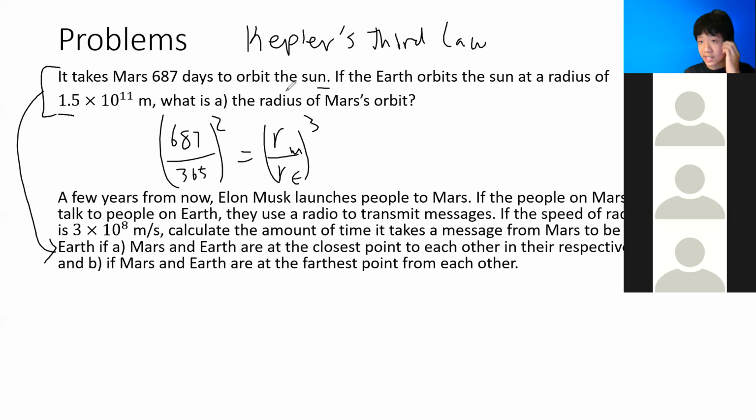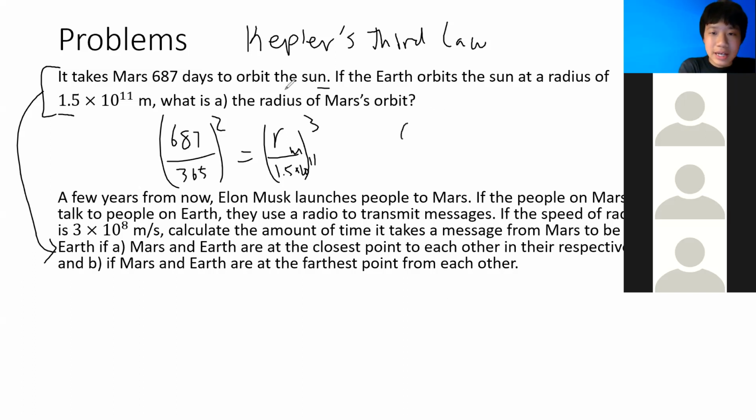We don't need to convert this to seconds because this is days over days. The ratio will always stay the same. And finally, we have the radius of Earth, which is 1.5 times 10 to the 11th. So now we just need to solve for the radius of Mars.